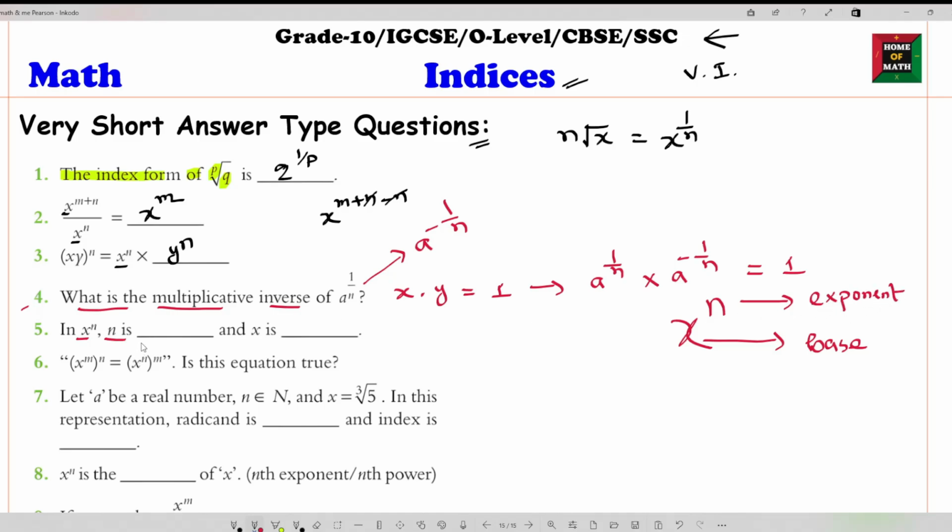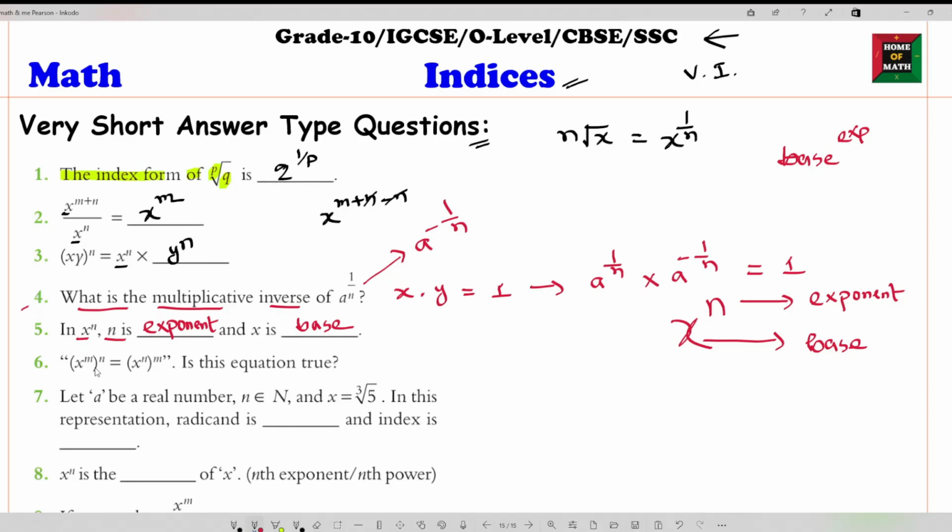So we can say n is the exponent and x is the base, right? It is base to the power exponent.